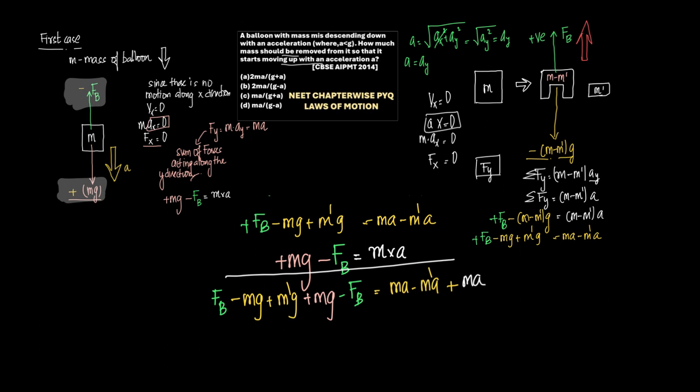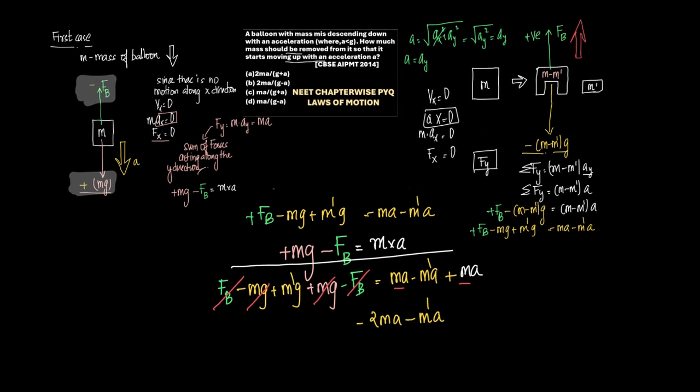Now see, which terms will cancel off? Fb minus Fb is 0, right? Minus mg plus mg is 0. And ma plus ma is 2ma, minus m dash a, right?